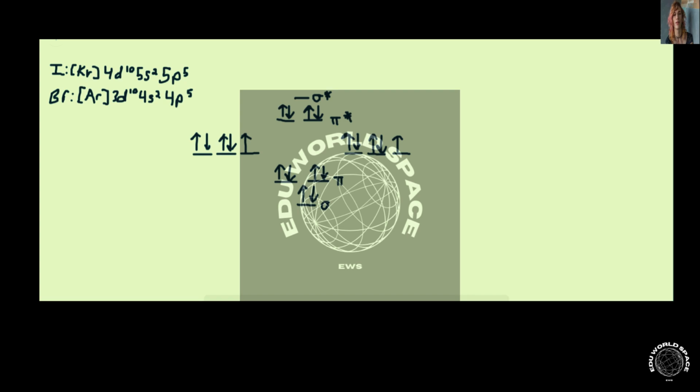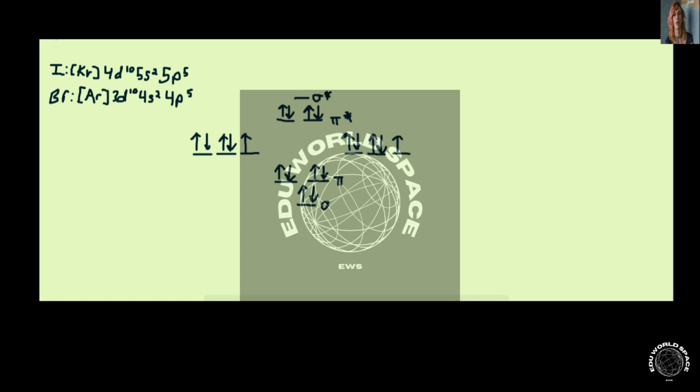So we'll use the simple atomic orbitals that are available to us. You can see the electronic structure right here of iodine and bromine. So when we fill up the molecular orbitals, we'll use the 4s and 4p orbitals from bromine, and the 5s and 5p orbitals from iodine.